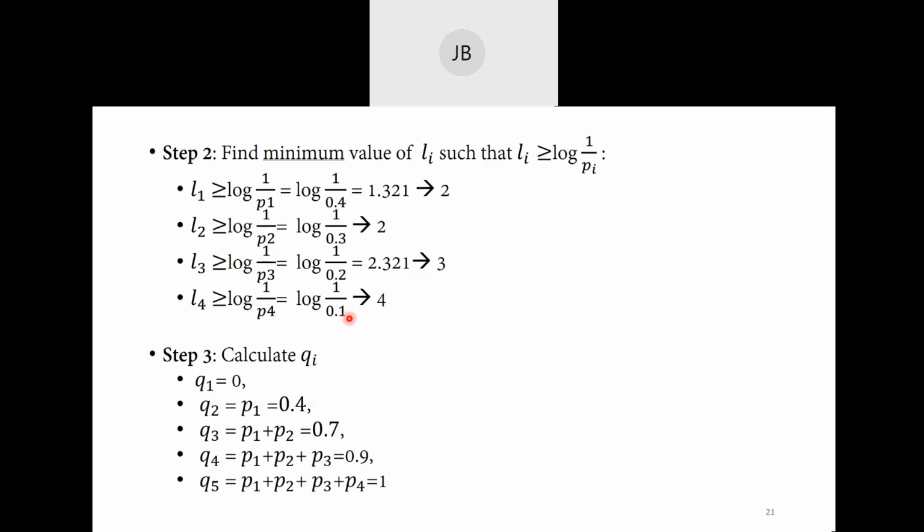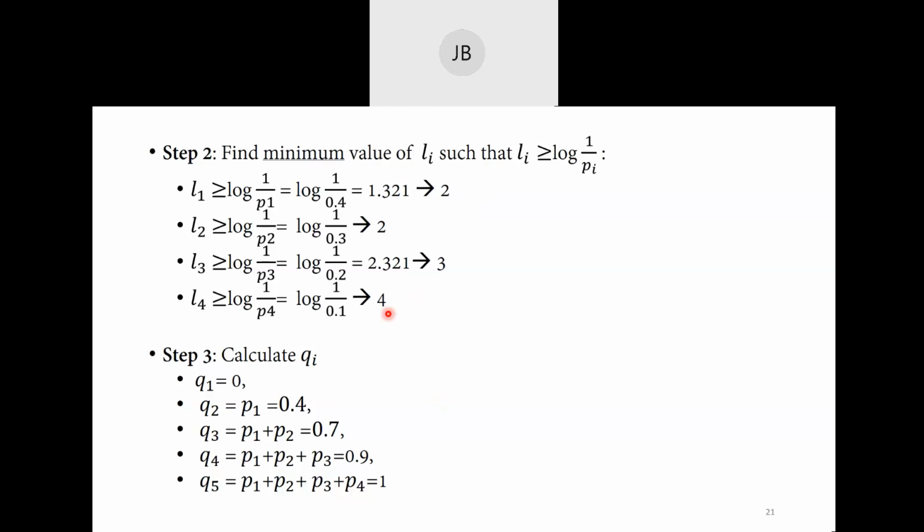In the next step, we need to convert these values into binary. While converting, we need to take care that the binary sequence will have Li number of bits after the binary point. For example, when we convert this into binary, it should have at least two digits after the binary point.